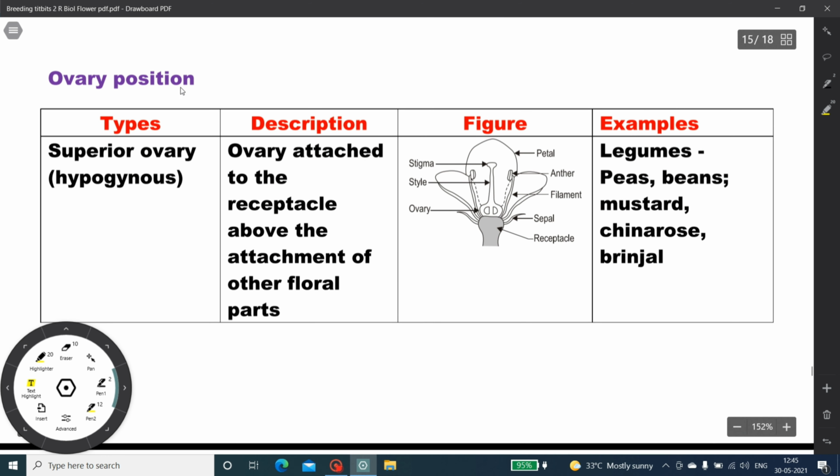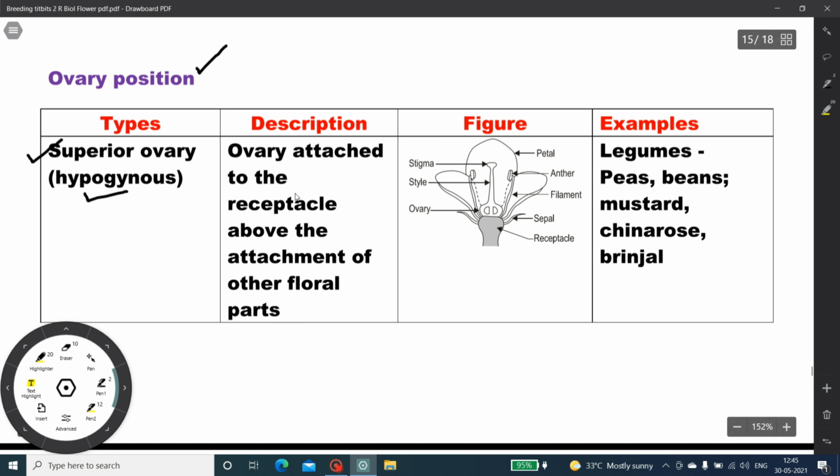Let us now see about the ovary position. The position of the ovary is placed with other parts of the flower. The first one is the superior ovary, otherwise also called the hypogynous ovary.